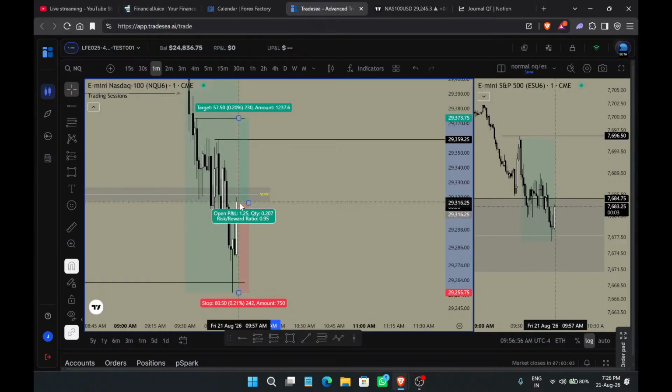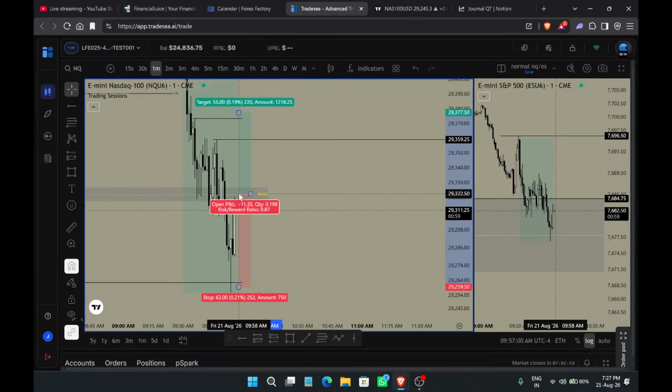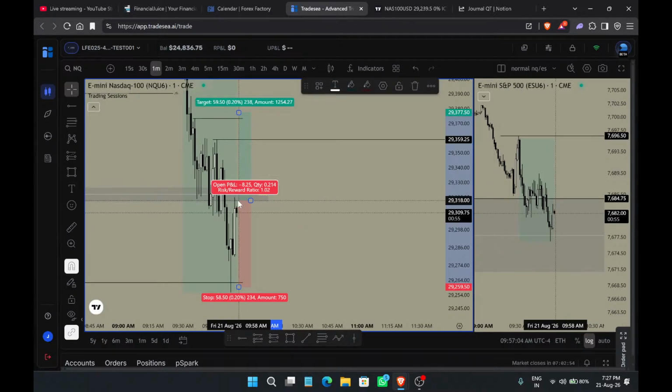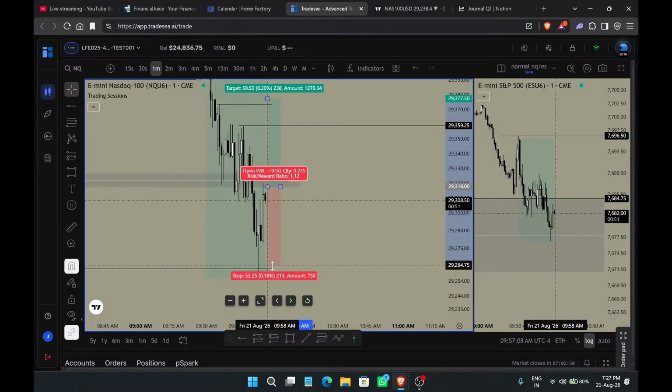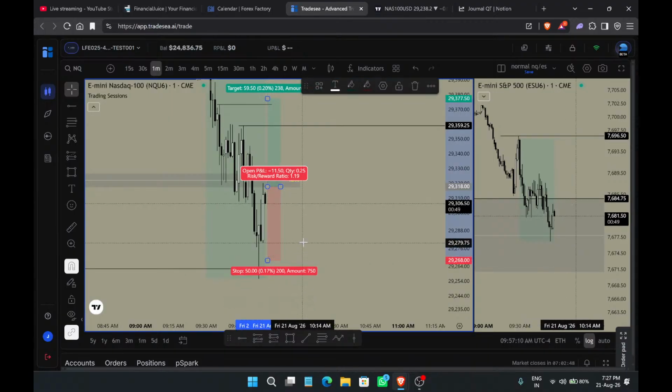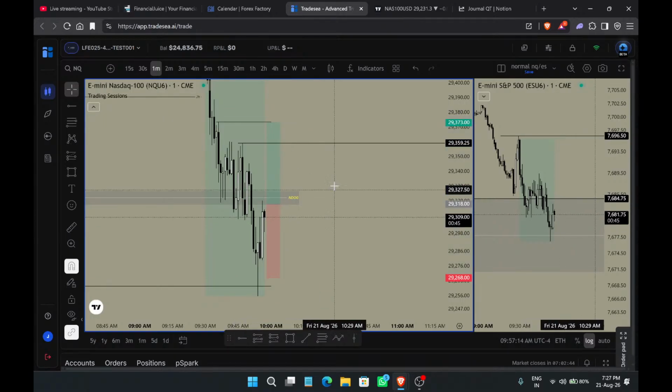And 1 to 1, I want naturally say 1 to 1 in this way. I want that level there. Even if we inverse this gap, I am waiting for a limit order.